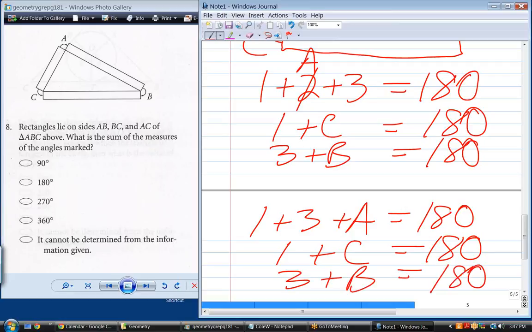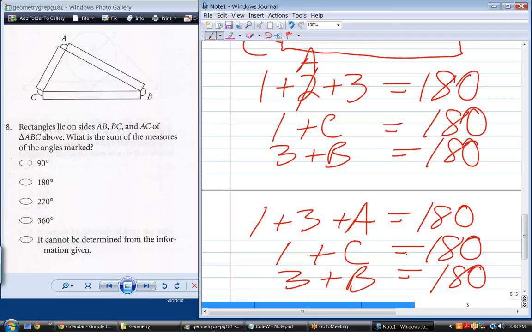Now, without solving that, let's see. It looks like we have 3 equations and 3 unknowns.